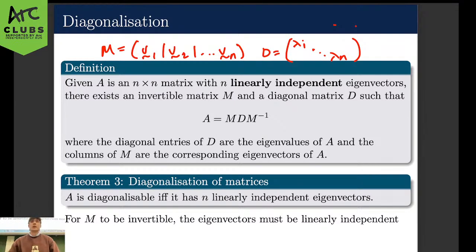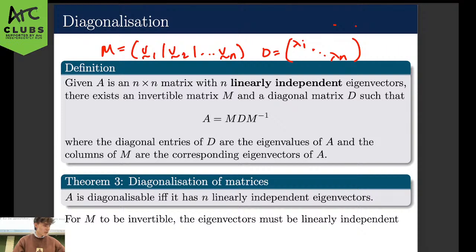And then we're able to write A, our original matrix, in terms of M, D, and M inverse. You can see here that A would be equal to M multiplied by D multiplied by M inverse. The process of finding the matrices M and D is known as diagonalization, because we can express A in terms of a diagonal matrix D. Diagonal matrices are very nice to work with because they multiply nicely: you can just multiply the diagonal entries instead of having to do your normal procedure for matrix multiplication.